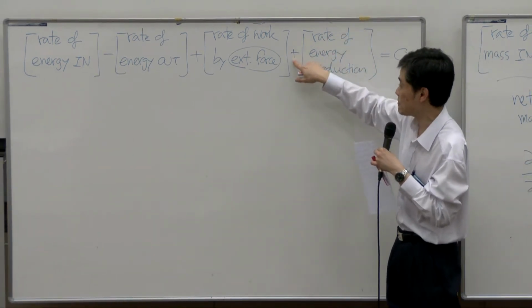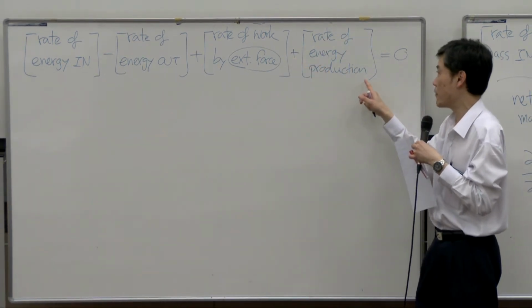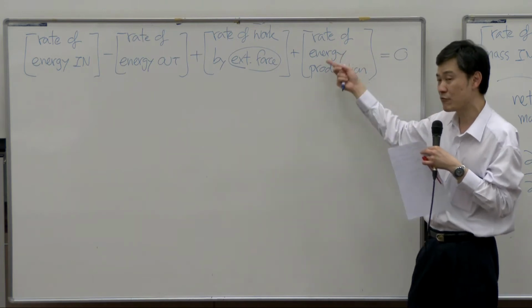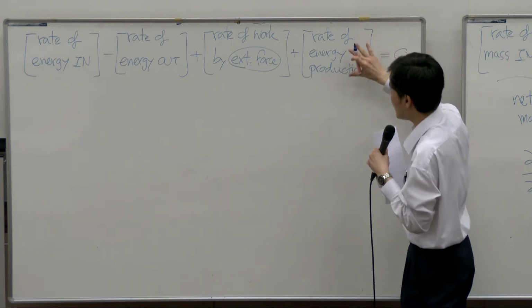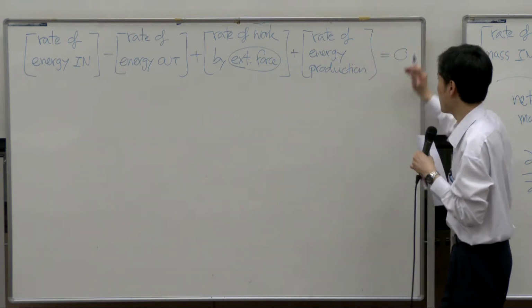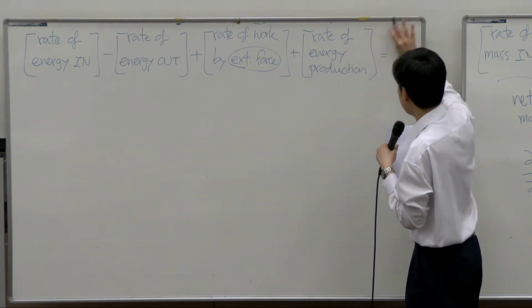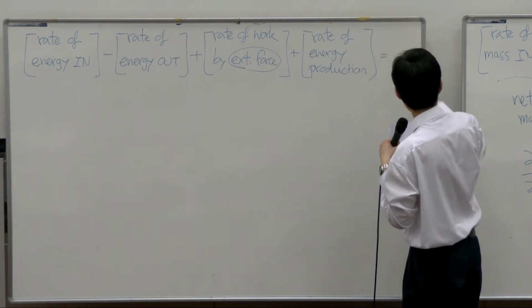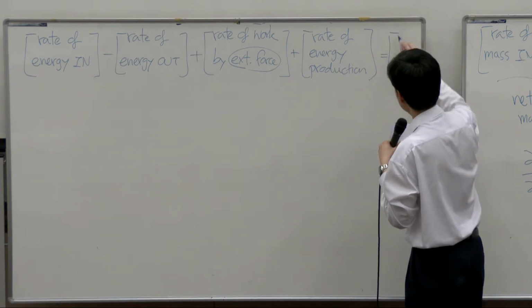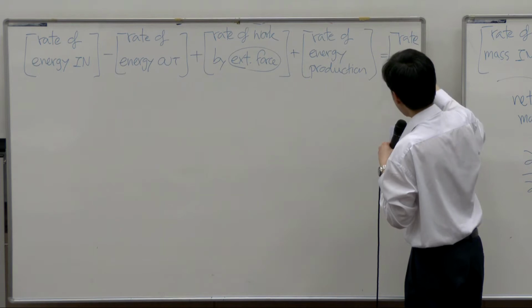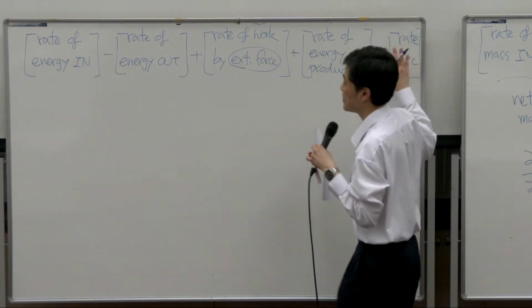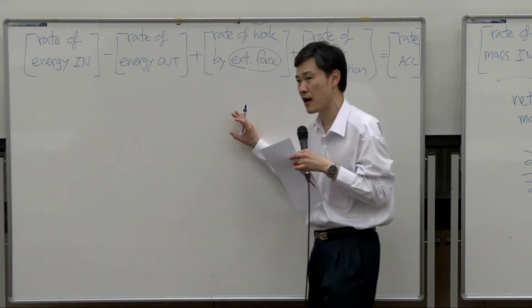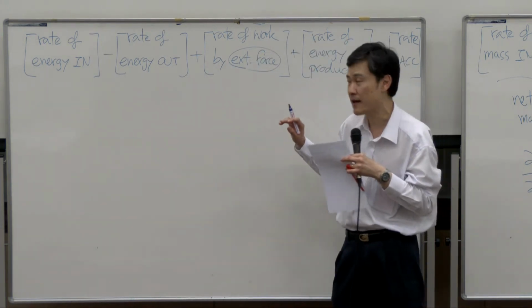Also, this one is positive. That means whatever comes into the system will count toward whatever you have in the pocket. At steady state, it would be 0. But if it is not steady state, this term would be the rate of energy accumulation. This was used as an equation for our examples in chapter 10.